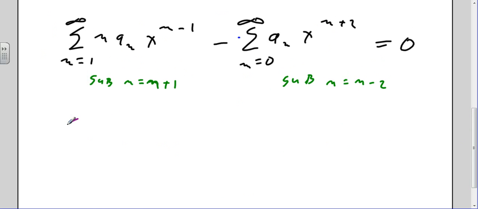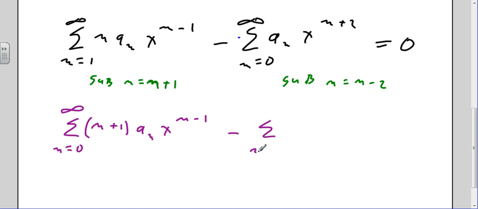So I get summation, now if I put n plus 1 in here for where the n is, I get n is equal to 0. Summation n is equal to 0 to infinity n plus 1 a n plus 1 x to the n minus summation n equals, if I put an n minus 2, the minus 2 becomes a plus 2 when I put it on the other side of the equation, a n minus 2 x to the n is equal to 0.